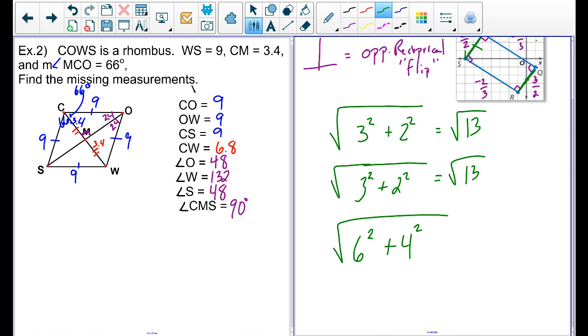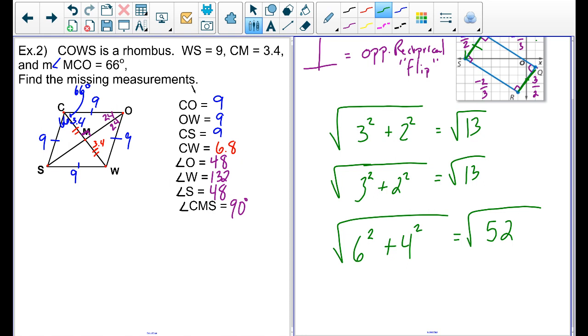So 36 and 16. What's 36 plus 16? 52. And we can just leave it as that, right?